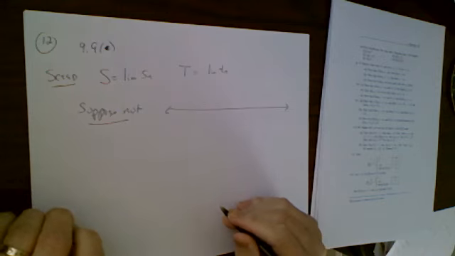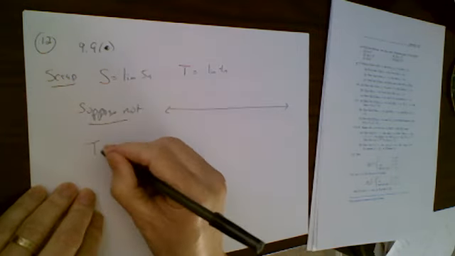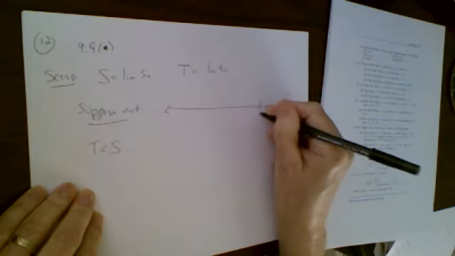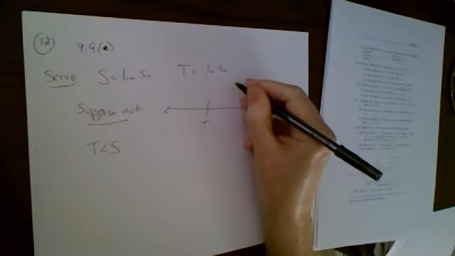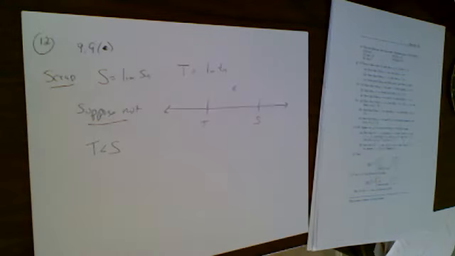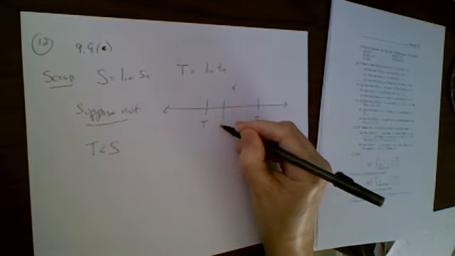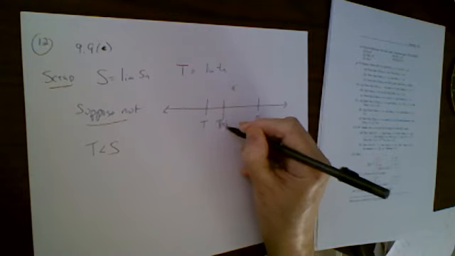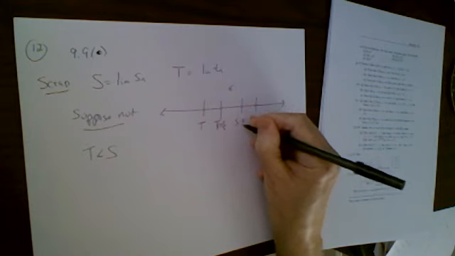So, suppose not means that the T's have a smaller limit than the S's. Now, here's the thing. I'll let the distance between S and T be epsilon. And then I'll look at, say, epsilon over 3 moved forward here. So this is T plus epsilon over 3. And then I'll move backwards over here, S minus epsilon over 3.